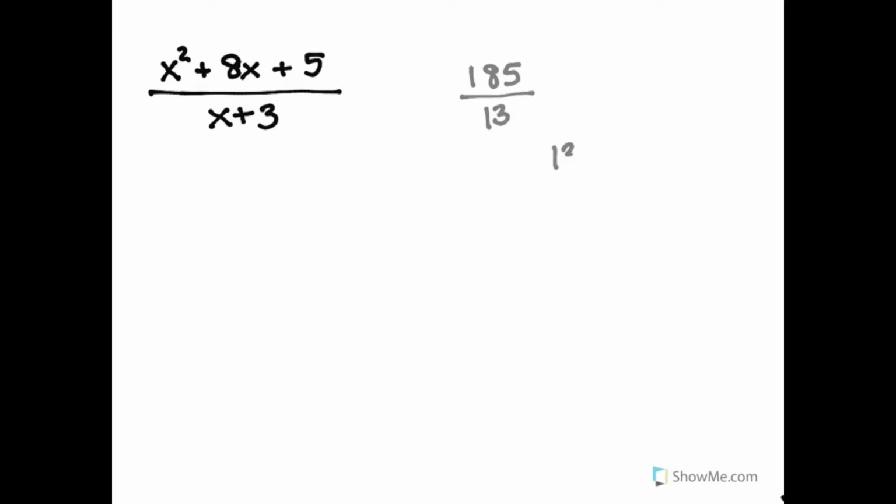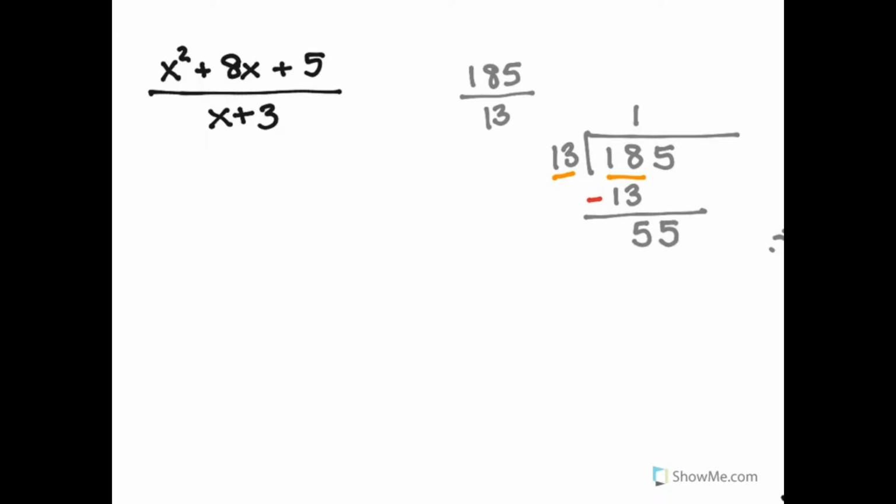And if I do that process in the American division algorithm, I have 13 goes into 185. So I look at 13 and 18 and say, 13 goes into 18 one time. Subtract 13 and I get 18 minus 13 is 5.